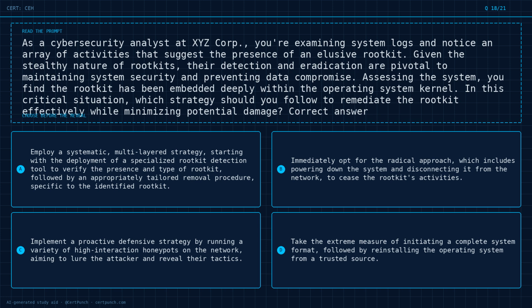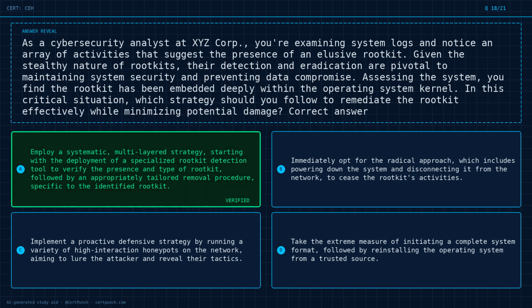Option C. Implement a proactive defensive strategy by running a variety of high-interaction honeypots on the network, aiming to lure the attacker and reveal their tactics. Option D. Take the extreme measure of initiating a complete system format, followed by reinstalling the operating system from a trusted source. Choose the best answer before the reveal. Commit to it now.